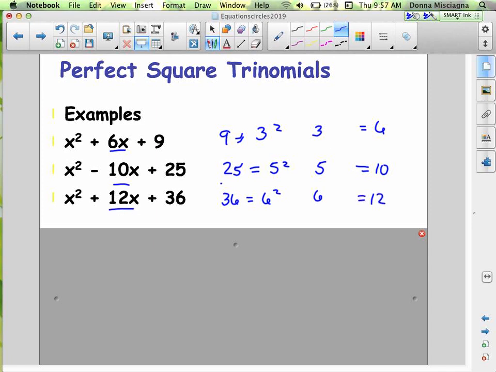What would we have to do to all of those numbers to get that middle term? Well, now I think you can see that you'd have to multiply by 2. 3 times 2 is 6, 5 times 2 is 10, 6 times 2 is 12. And below, I'm going to show you the relationship. We can write it a little bit more succinctly than saying take a square root and then multiply by 2.